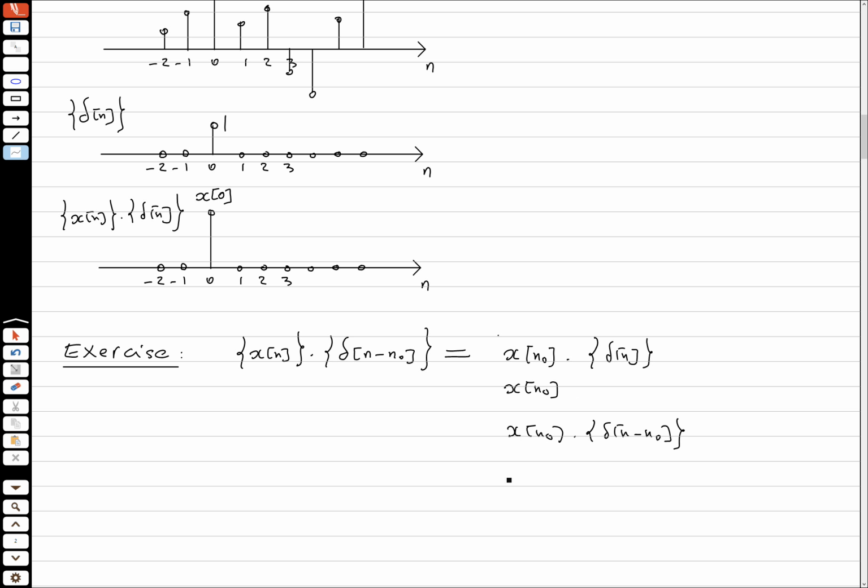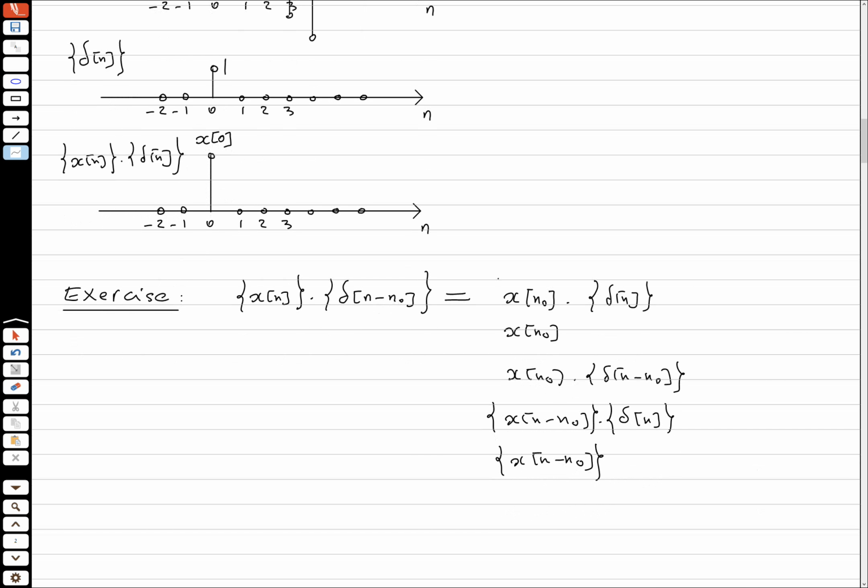X of n minus n naught times delta of n. Oh yeah, and somebody said x of n minus n naught. Lots of choice, isn't that fun? Yeah, more?